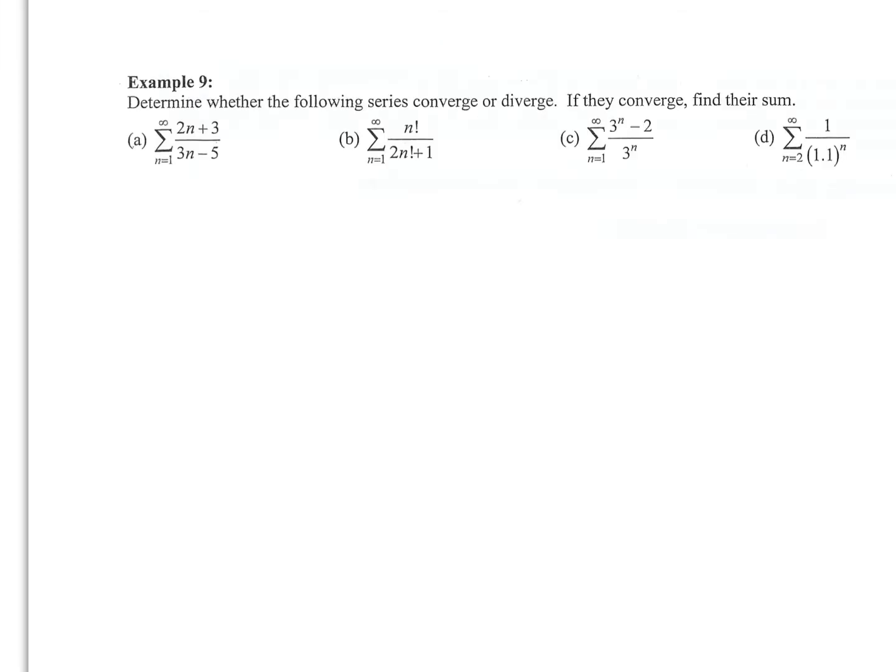Here we go. So now I have these series, and I need to figure out if each converges or diverges, and we need to say why, and if we can find the sum, we're going to find it. Let's look at this one. I have 2 to the n plus 3 over 3 to the n minus 5. Well, what test could I use? I could use the nth term test.